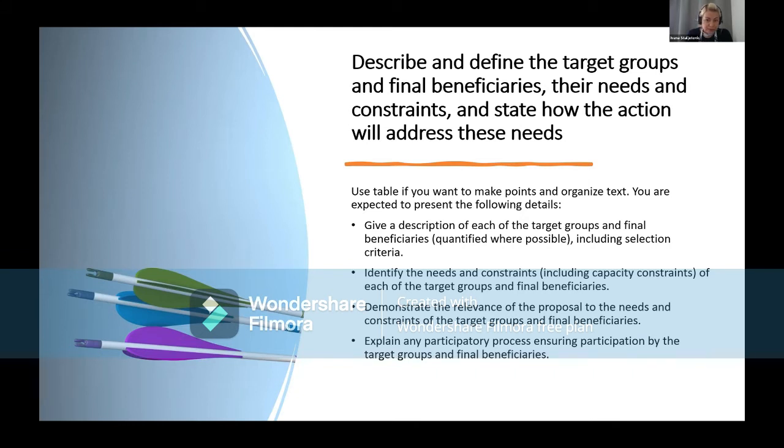Identify the needs and constraints, including capacity constraints, of each of the target groups and final beneficiaries. You should demonstrate the relevance of your proposal to the needs and constraints of the target groups and final beneficiaries, and explain the participatory process where you ensure the participation of these target groups and final beneficiaries.